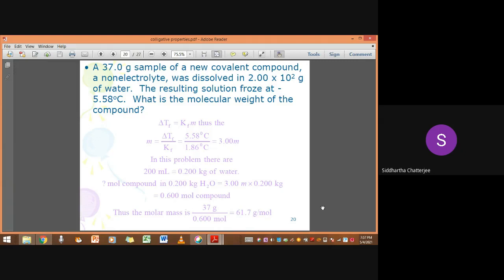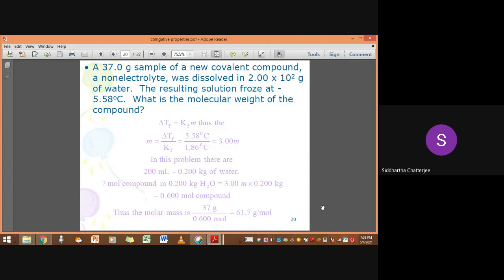W2 is the amount of solute in gram. Here the amount of solute means the covalent compound, non-electrolyte. So no problem. And that is 30 gram. So naturally you are writing the molality m equal to 30 divided by M2, which you have to find out, and divided by 200 by 1000. So finally m equal to 30 by M2 into 1000 by 200.